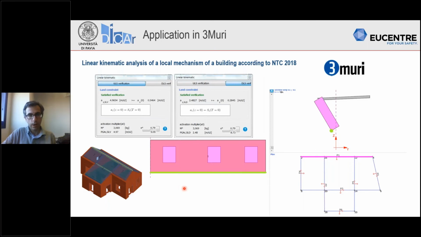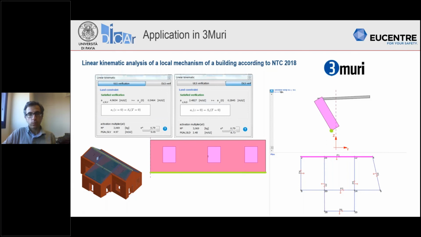I wanted also to check only a simple overturning, so I was adding only a hinge at the base. And here you can see the mechanism that I want to verify. Now in that case, the software is performing the calculation of the capacity and also of the demand, at the two limit states that I was discussing before, an ultimate limit state, but also a damage limit state.